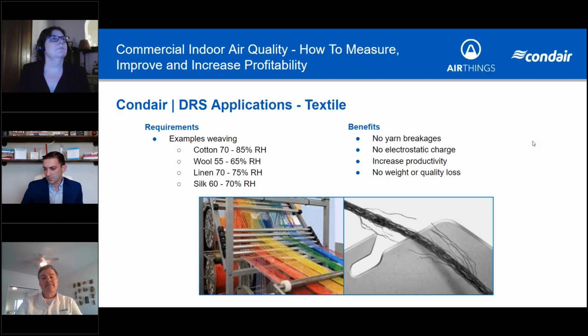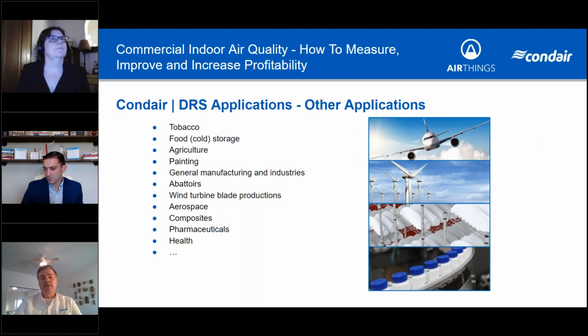So next, please. And just a quick rundown of some of the other applications. Again, if you can think of an application where you need humidification, whether it's just for your process or part of overall indoor air quality, the direct room system can find a fit in there.